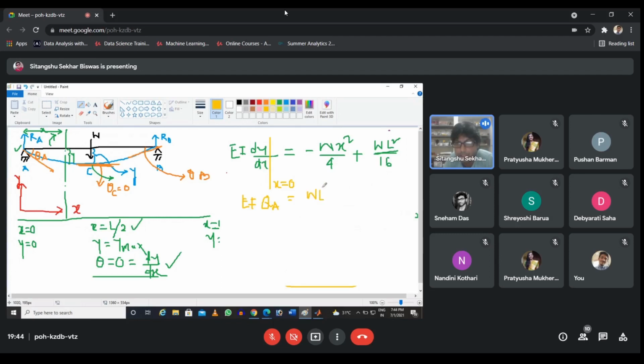So my WL square by 16. So for this case theta A and theta B both are equal, equal to WL square by 16 EI.